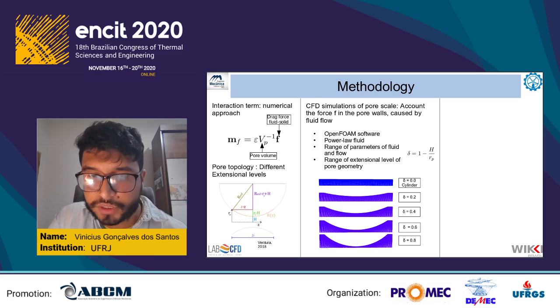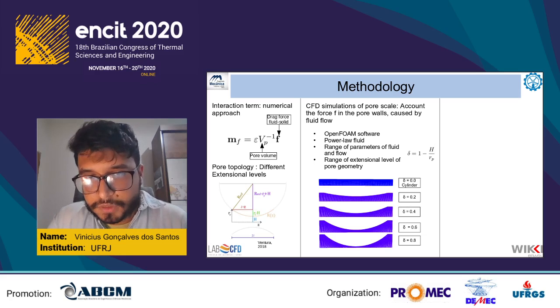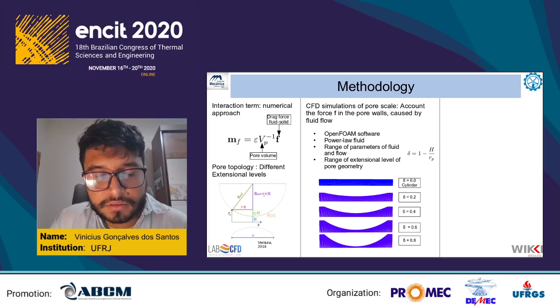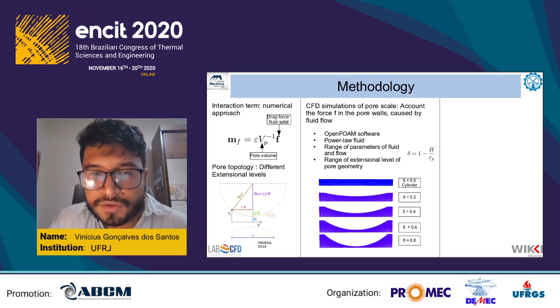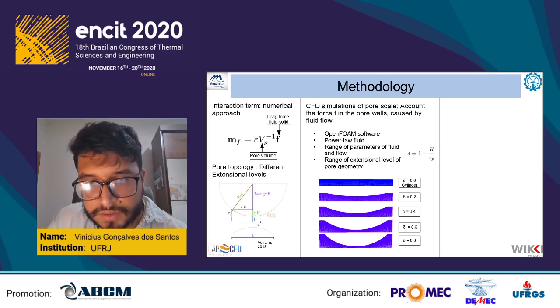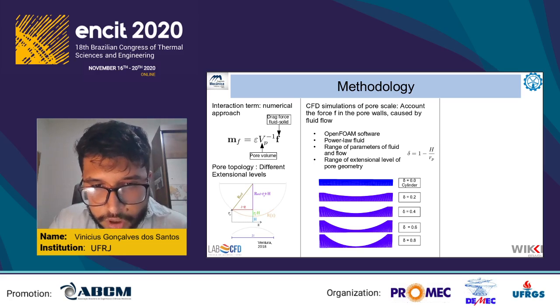In the geometry, we use 5 types of geometry, and the parameter delta controls the extensional level. When delta is 0, we have the normal cylinder, as used in the analytical form. When delta is 0.8, we have the most extensional topology.